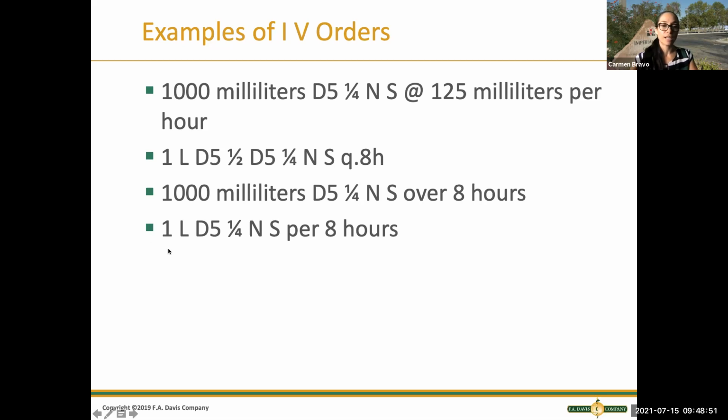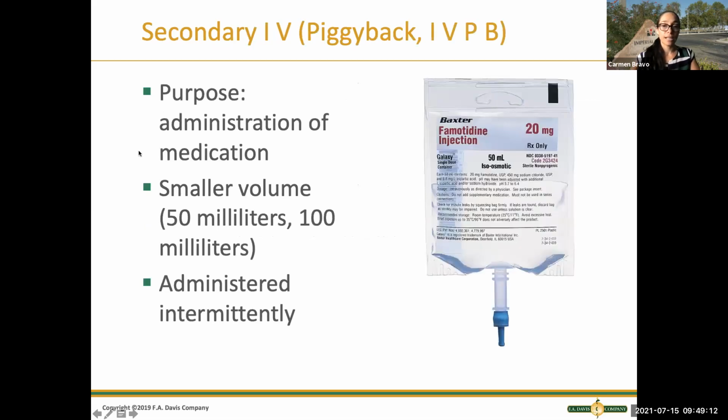And then we have this last one, 1 liter D5 and 1/4 normal saline per 8 hours. Again, it has to be infused over that period of time, per 8 hours. So you might see it written differently. Okay, that's the large volume infusions.